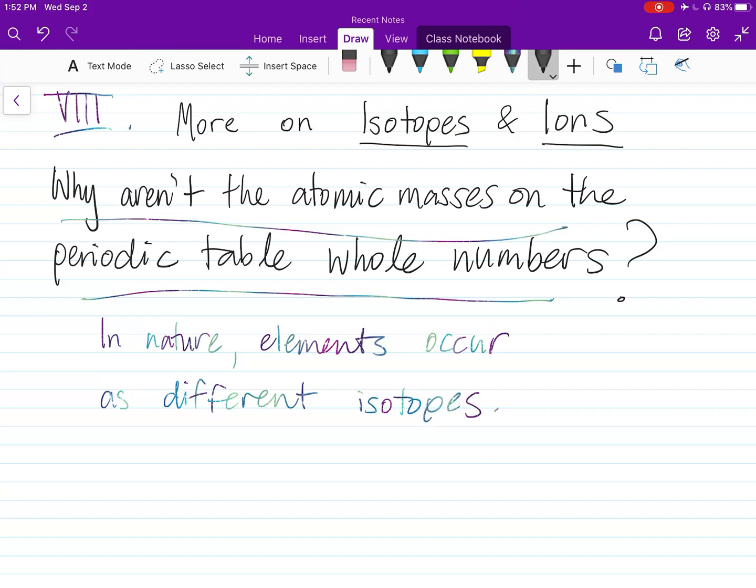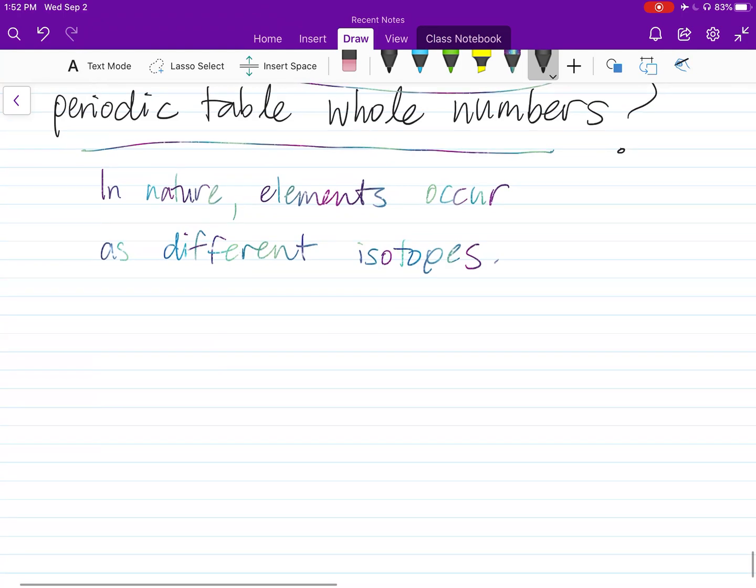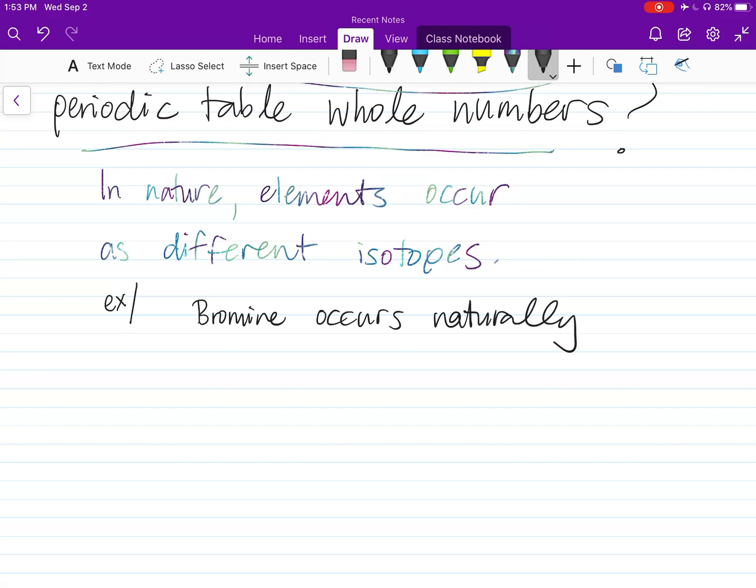Let me give you an example. In nature, bromine occurs naturally as either 79 bromine or 81 bromine. So there's a lighter isotope, 79, and a heavier one, 81.